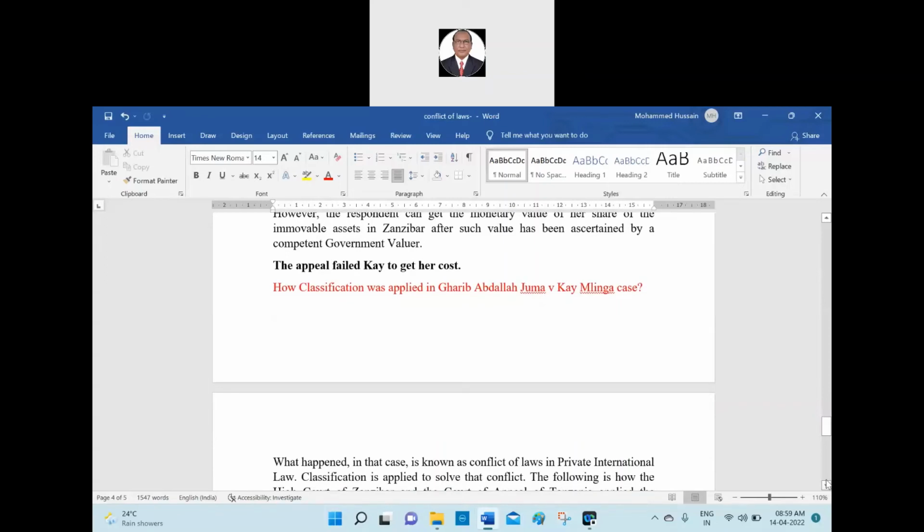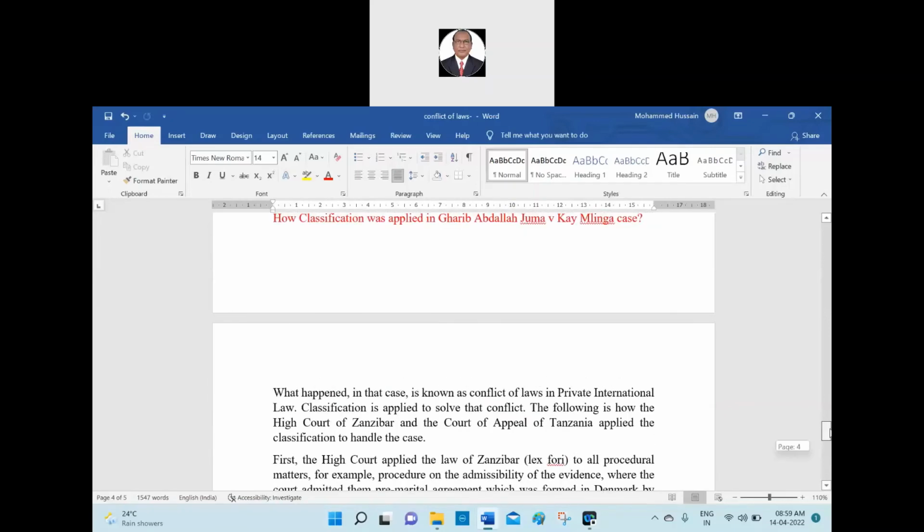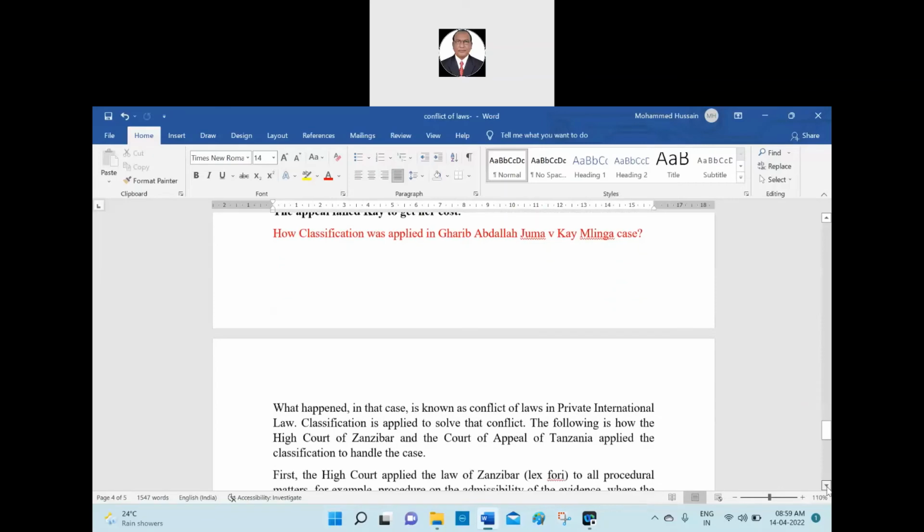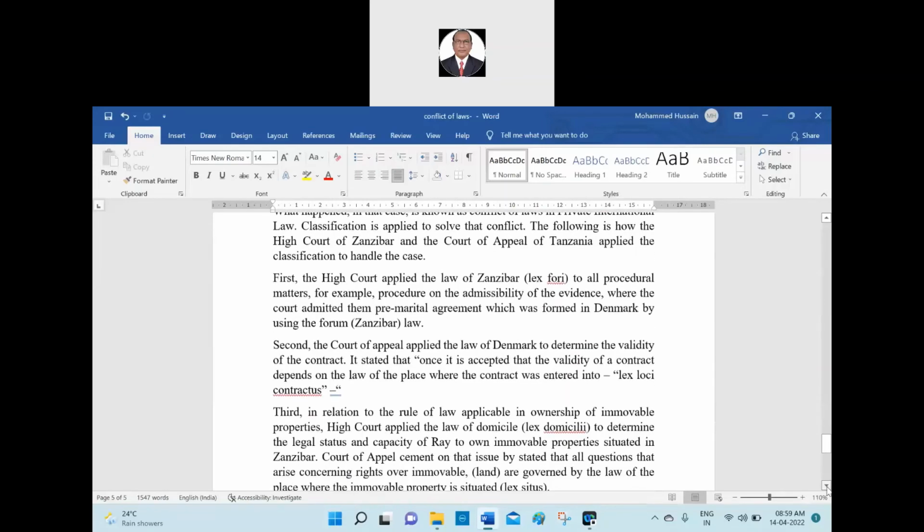And how was classification applied in the Gharib Abdullah Juma Kemilinga case?